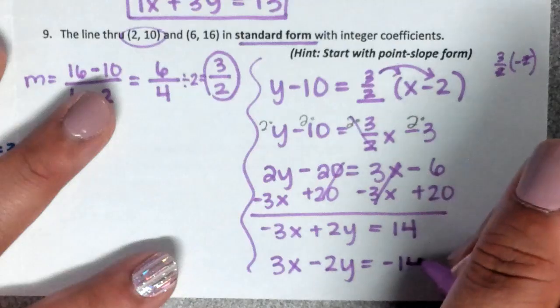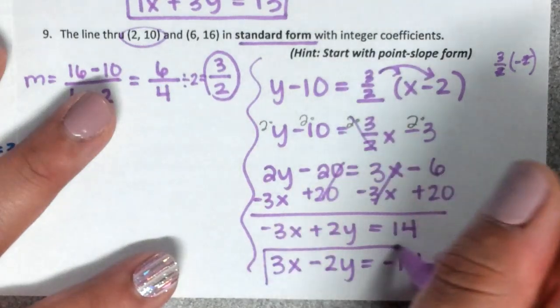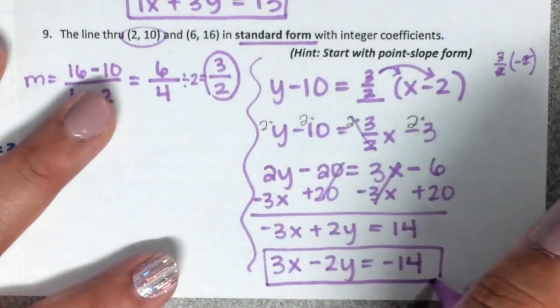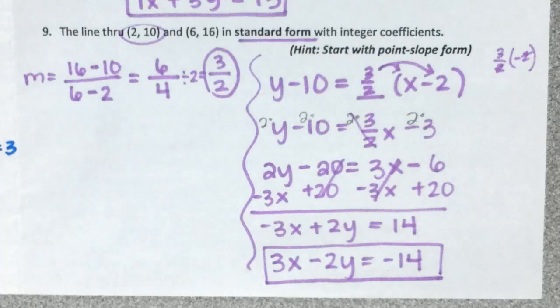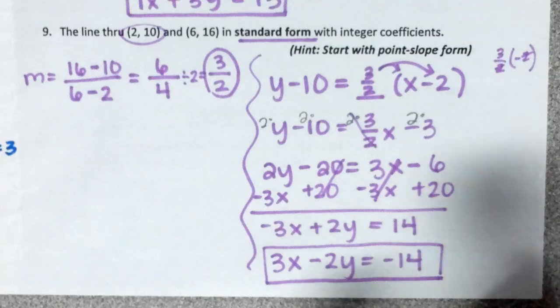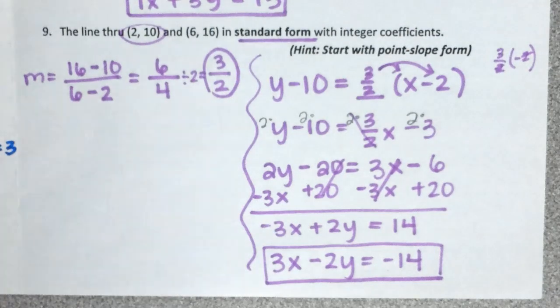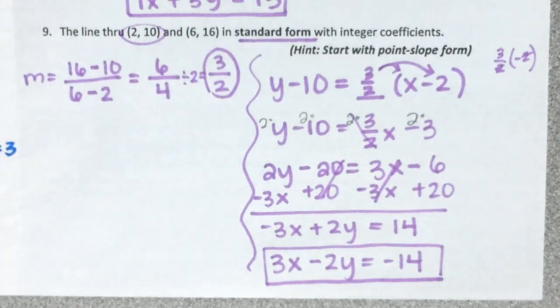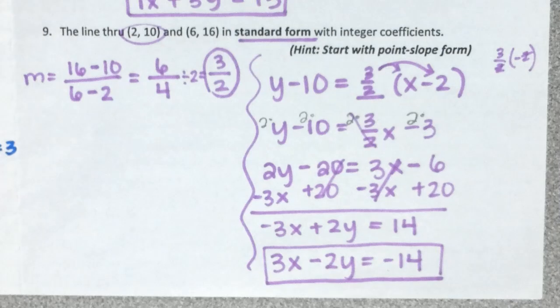That's what multiplying by negative 1 does. And some of you might be thinking, well, Miss Olivares, why didn't you just move y? You can. It doesn't matter. I like my x's and y's on the left-hand side, so that's why I did what I did. Okay? Change all the signs, because the one number with x, I want positive.